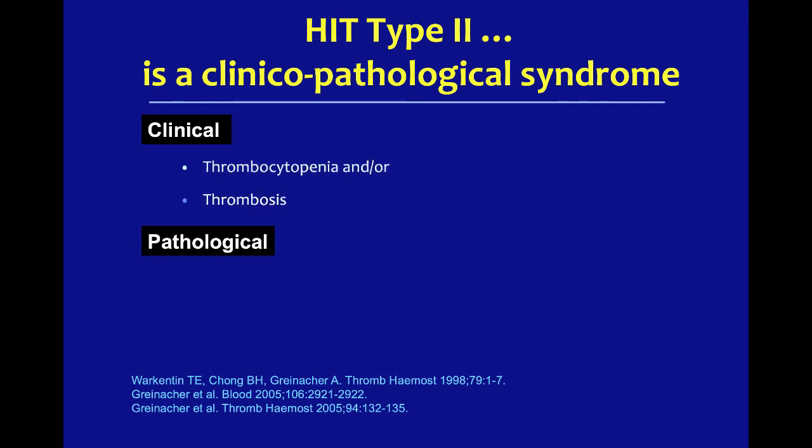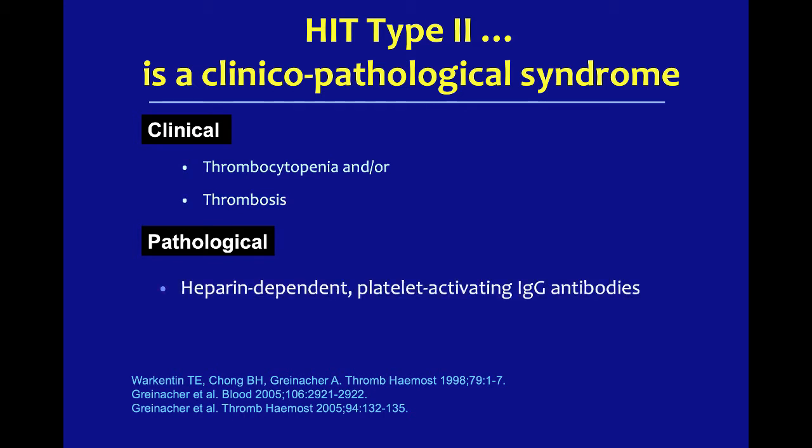Clinical because we have thrombocytopenia and or thrombosis. These are clinical indicators, clinical signs. And it's pathological in that it's heparin-dependent platelet-activating IgG antibodies. So you have that immunological pathology associated with this disorder.